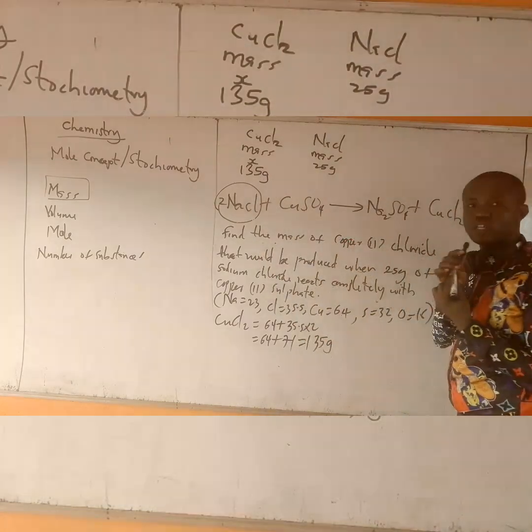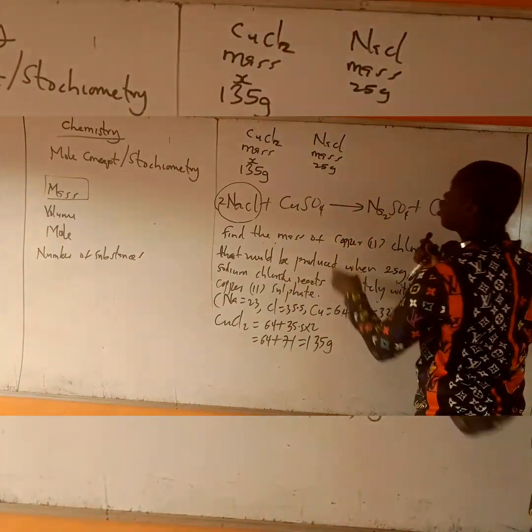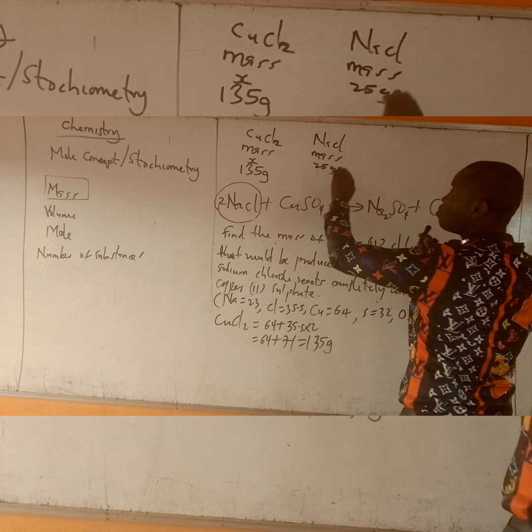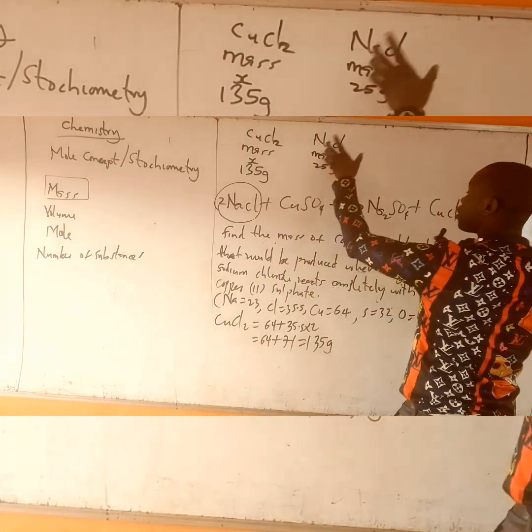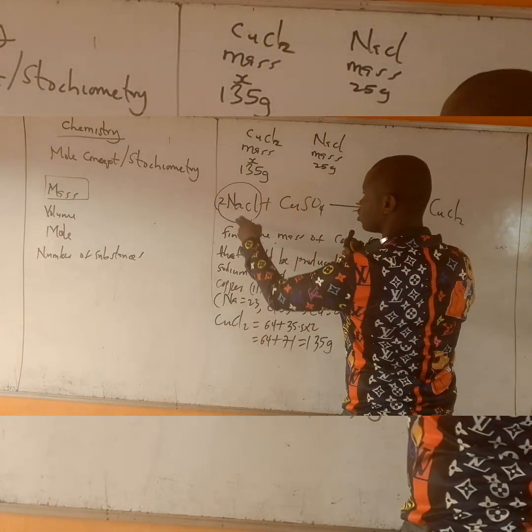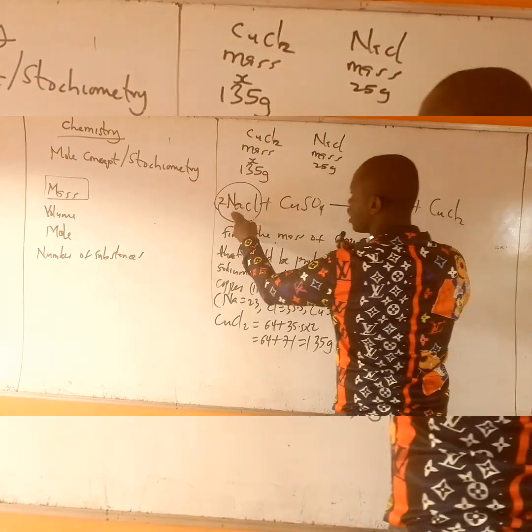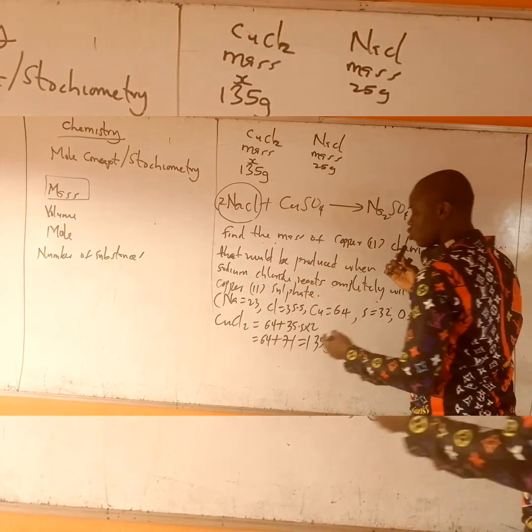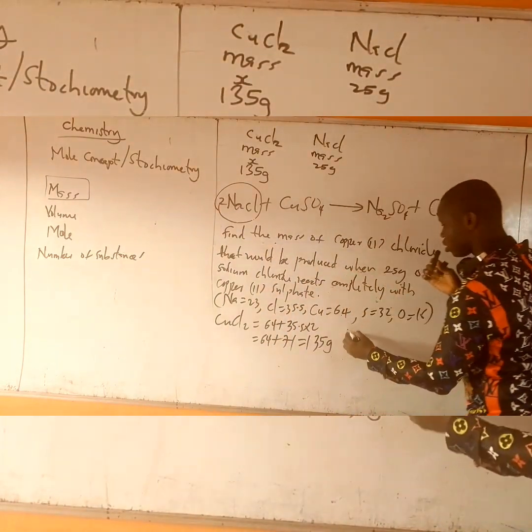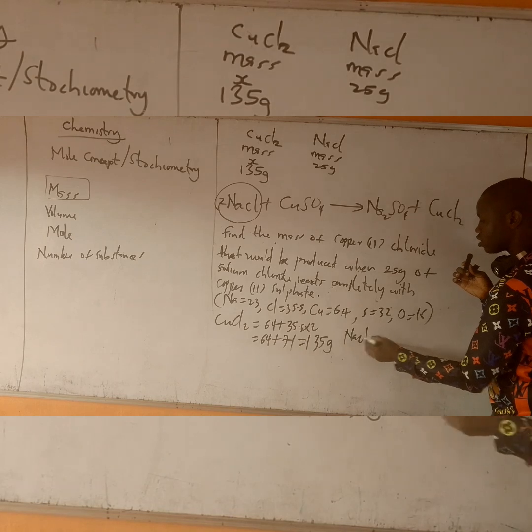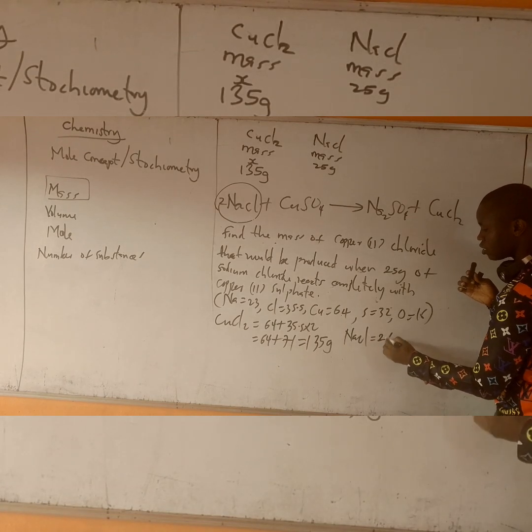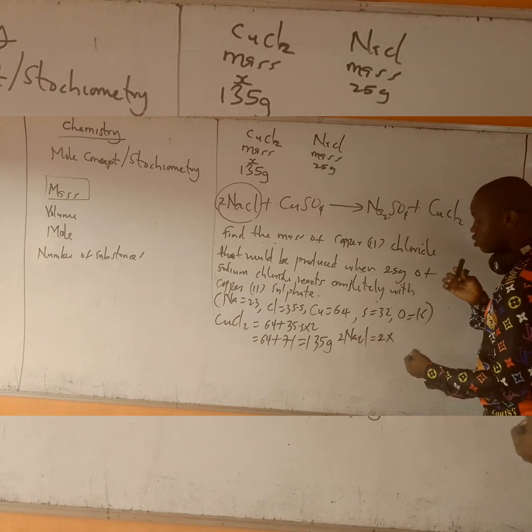Are you following? Now, according to the equation again, since we are considering mass of NaCl, what is the mass of NaCl according to the equation? That will be 2 times NaCl.